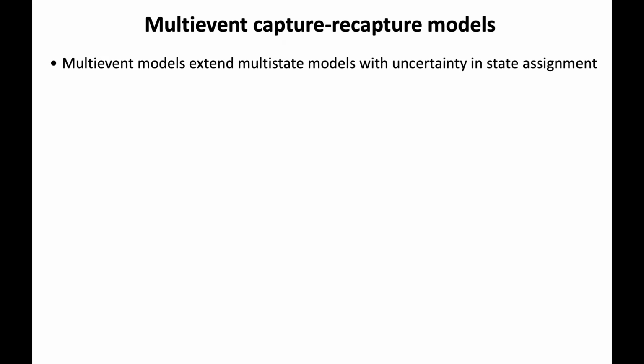So you see that when I say that, I'm going a step further from multi-state capture-recapture models, in the sense that the assignment of a state can be uncertain. So it's a generalization, and if the assignment of the state is certain, then you're back to multi-state models.